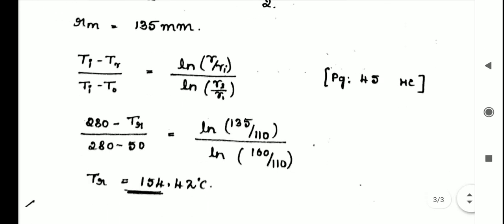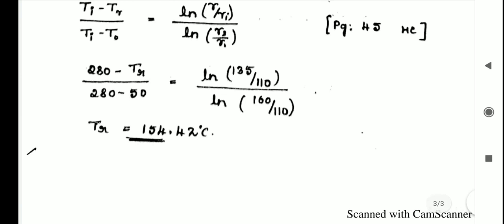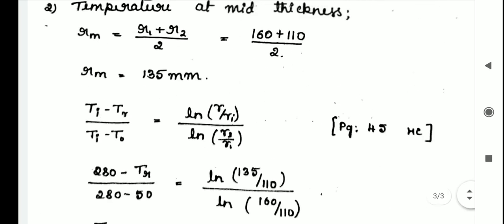Ti is 280 degrees Celsius and here we have to find Tr. So divided by 280 minus 50, which is equal to ln of R, that is 135 divided by 110, upon ln of 160 divided by 110. So temperature at mid radius you will get 154.42 degrees Celsius. Okay. Thank you.